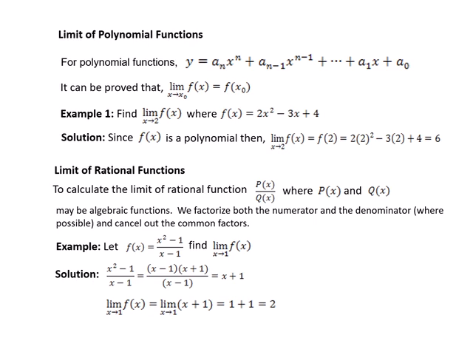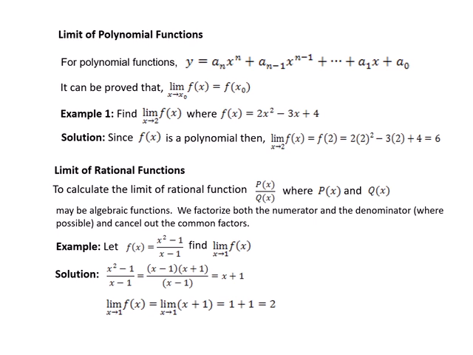So we move to the limit of rational functions. As you have heard before, a rational function is written as p of s over q of s, and it is a fractional function, so it is in the form of a fraction, where p of s and q of s are algebraic functions.